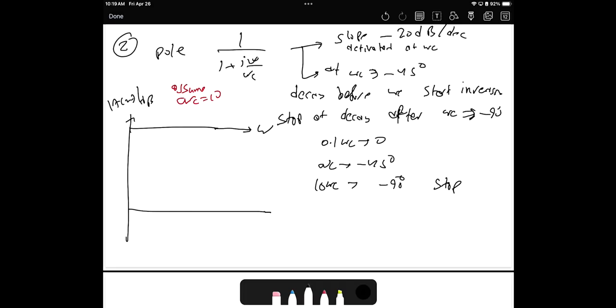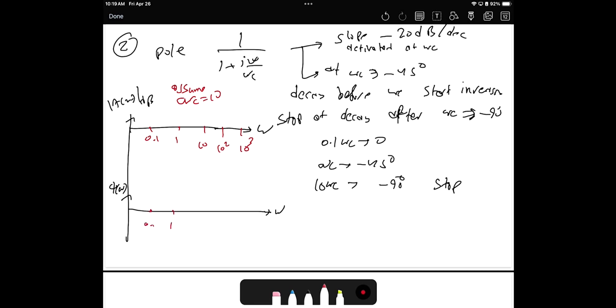Then the next one, here is omega, here is phi of omega. Let's put the decades, 0.1, 1, 10, use whatever you need. Maybe you don't need 0.1. You can evaluate based on where omega c is. Omega c is 10, so it's enough to say 1, 10, 10 power 2, 10 power 3. If you can use 0.1, that's fine.